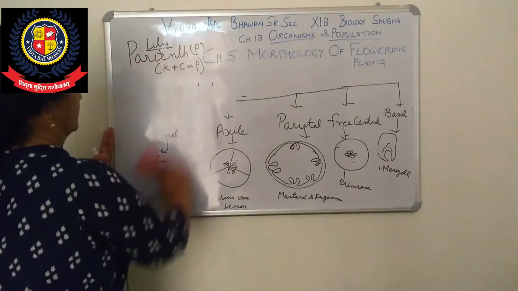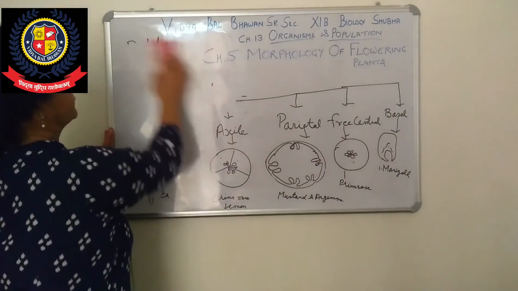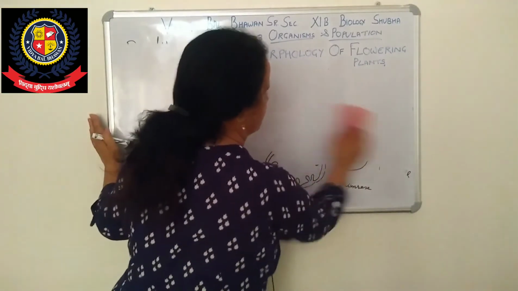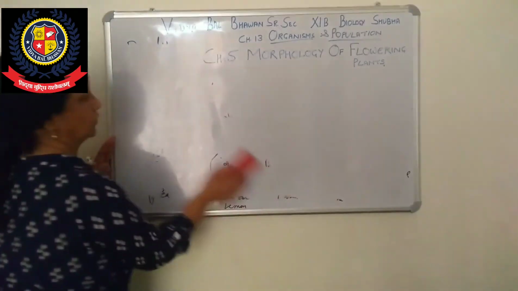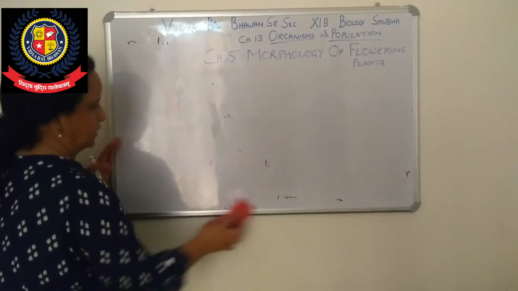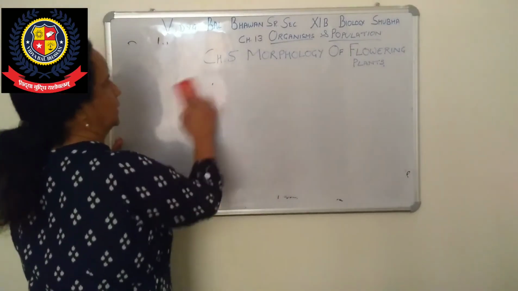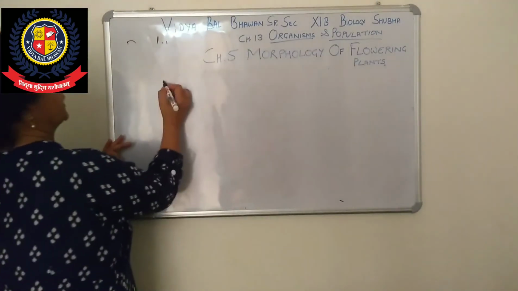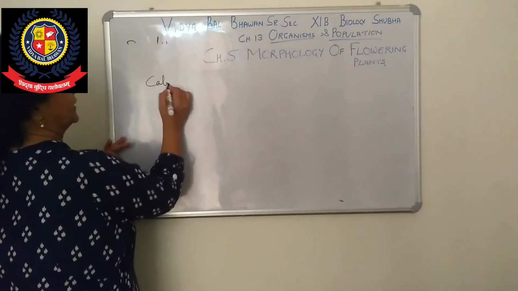Now the symbols. As in chemistry you write formulas, in the same way we have to write the floral formula and floral diagram, right? So it will be in that way. For the calyx, what are we writing here?